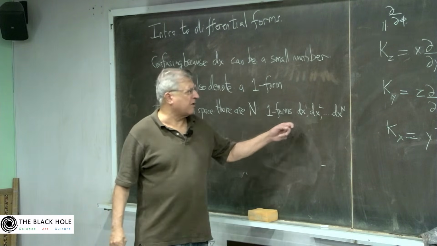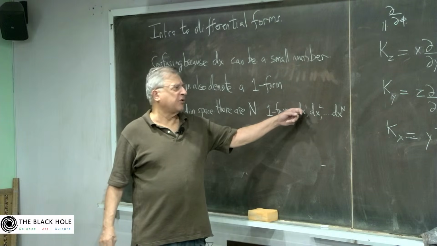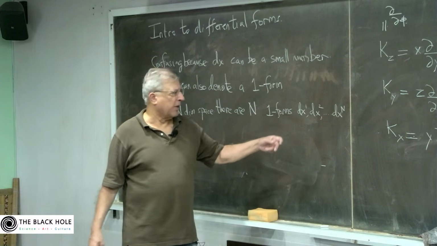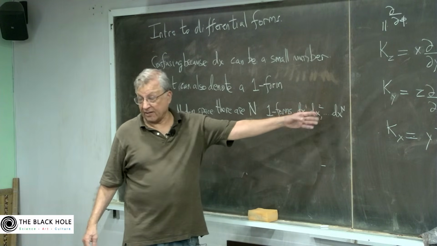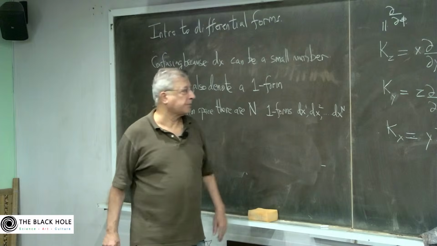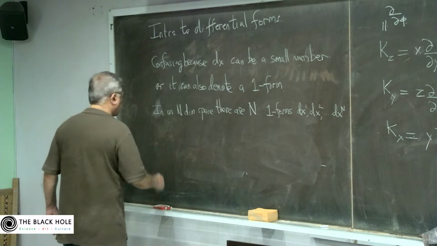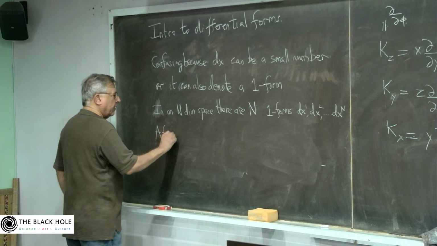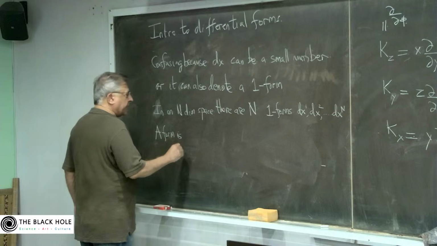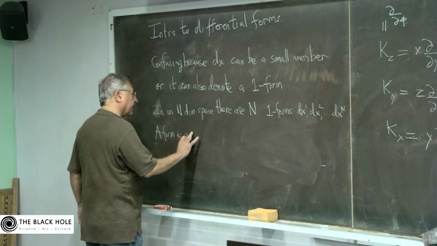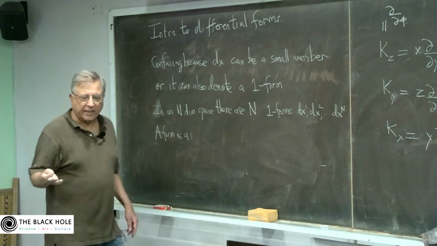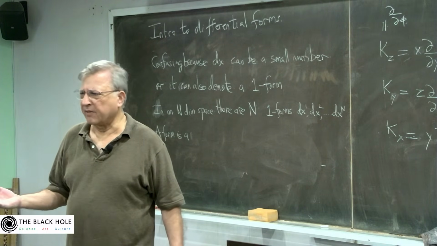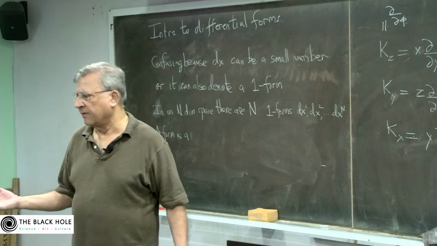If it's two-dimensional, we don't generally write dx1, dx2, we say dx dy. If it's three, then dx dy dz, but they would still be forms. A form is a machine. When I say it's a machine, that means it's a linear operation. It's the same thing. I like machine better.